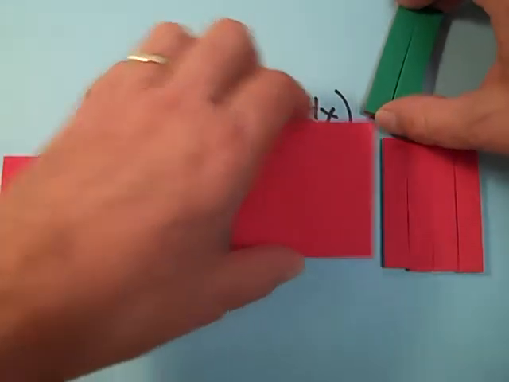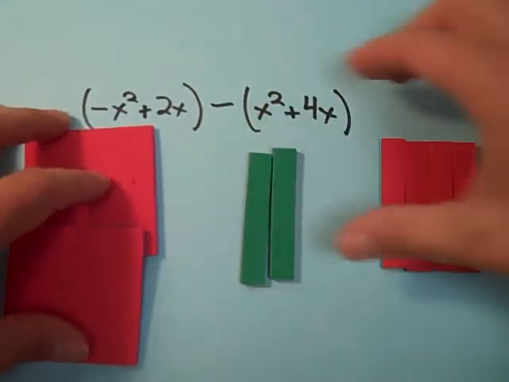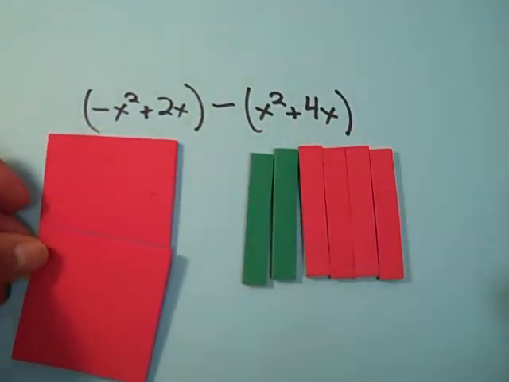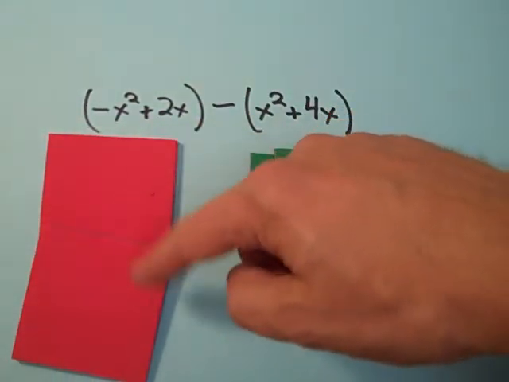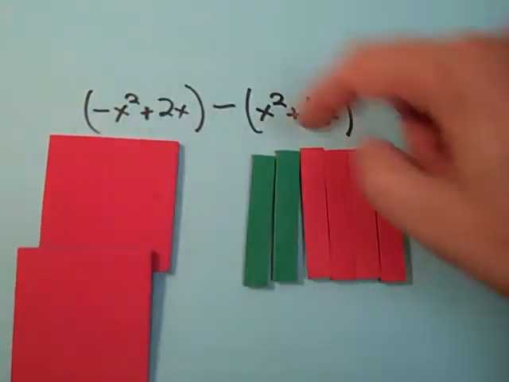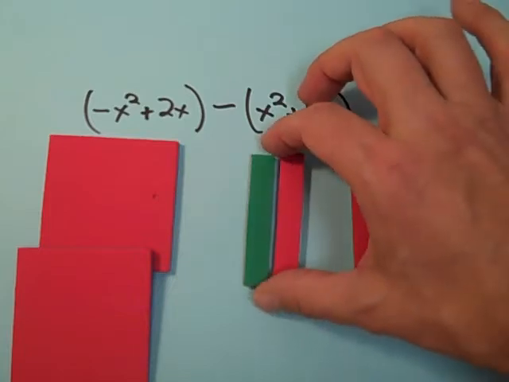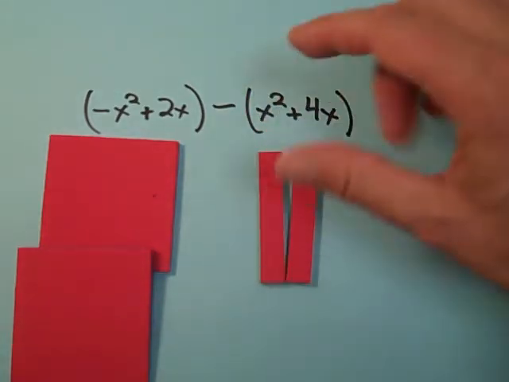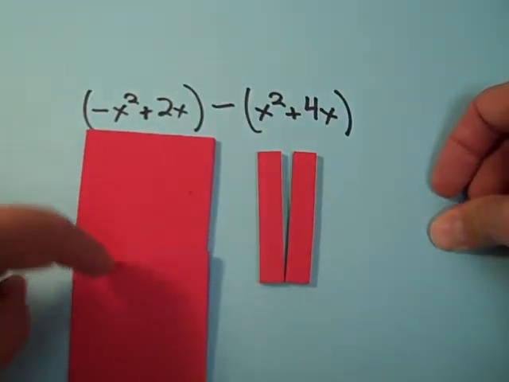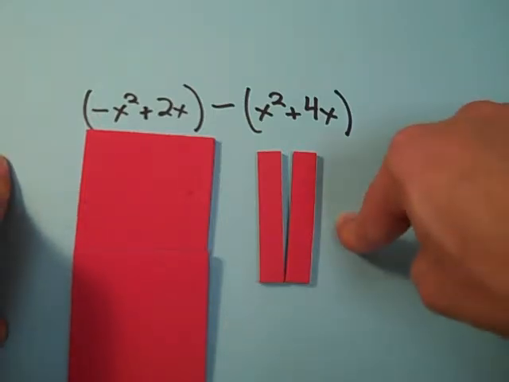I'm going to put my x squared family together, and my x family together. These are the same, so I'll just add those together. These I can do some canceling. These two cancel out. These two cancel out. And this is going to leave me with negative 2x squared minus 2x.